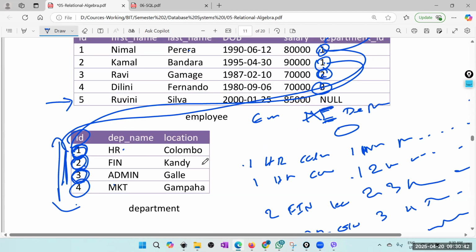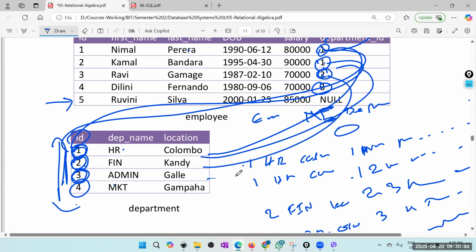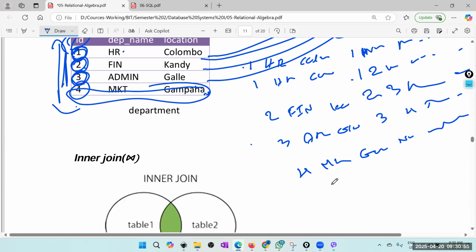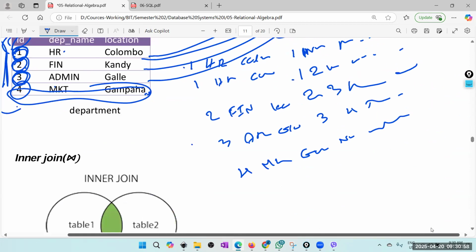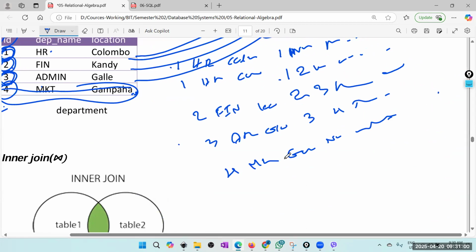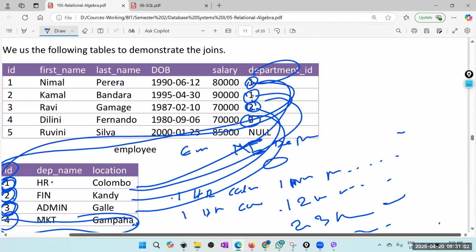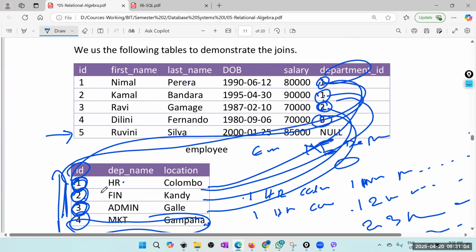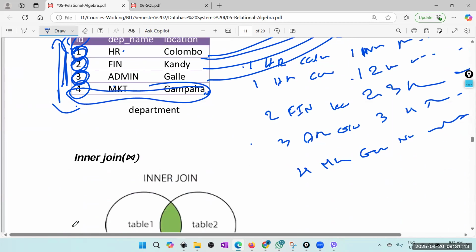Sorry, not 4 records, right? 1 and 1, 1, 2, 3, 4, and 5 records, because this is also a record. I have 5 records now. For the 5th record, you don't have the employee details, all are null. But none of the records refer to Ruvini, because Ruvini does not belong to any department and we drive it from the department side. Okay, so that is how the right outer join is done.